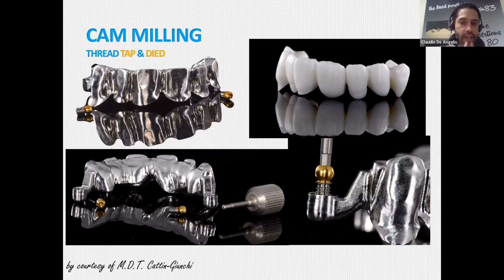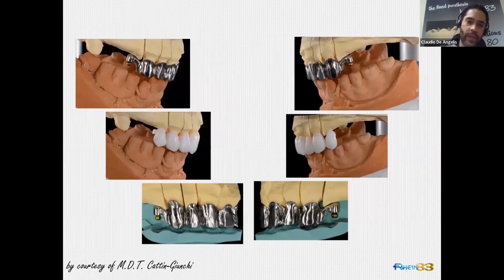In this case, they didn't use the threaded sleeve to be bonded inside the attachment, but their CAD-CAM machine allowed them to thread directly, to tap and die directly the hole of my OT Techno file, and they just use the family of attachment to be screwed directly into the metal. Okay, the teeth setup in white, the structure in metal.